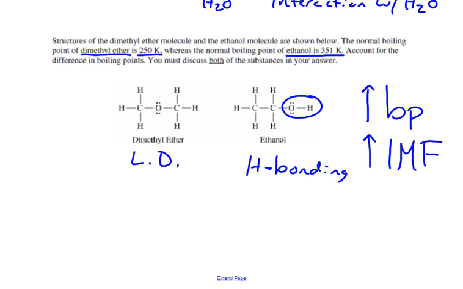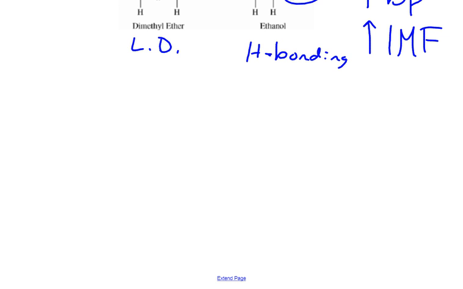Hydrogen bonds are particularly strong intermolecular forces, so they require more energy to overcome during the boiling process. As a result, a higher temperature is needed to boil ethanol than is needed to boil dimethyl ether. Great, finishing it up. The other ones are a little shorter.